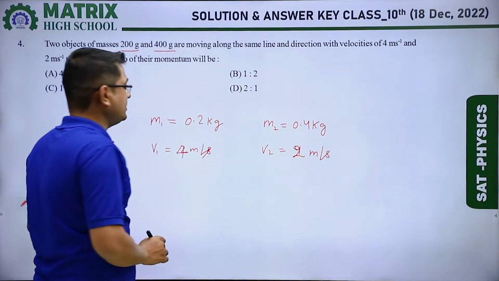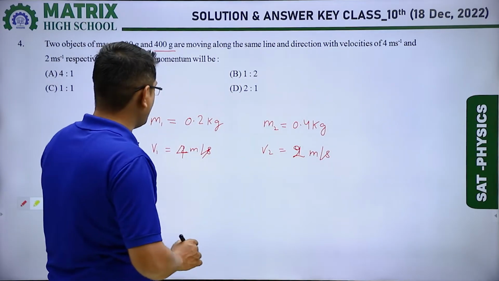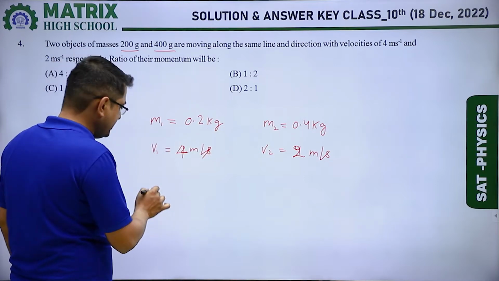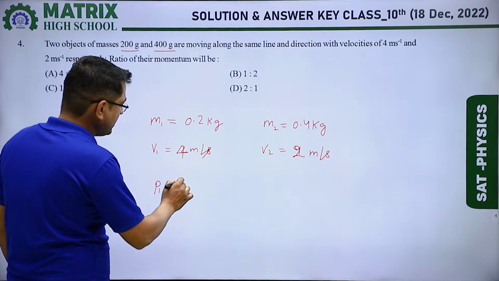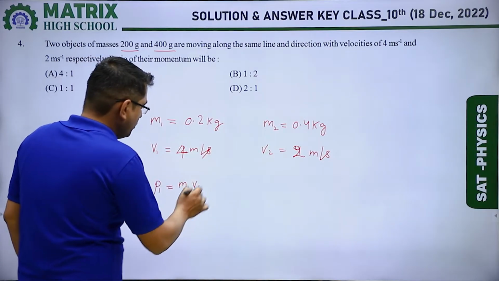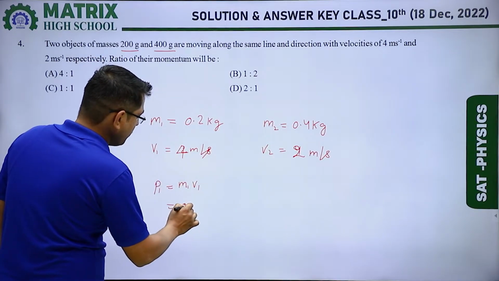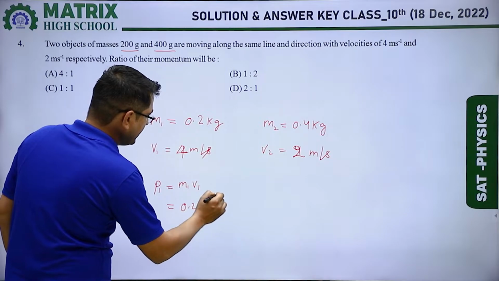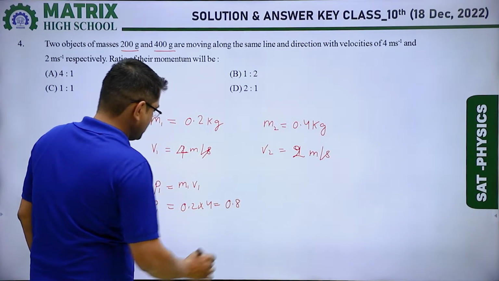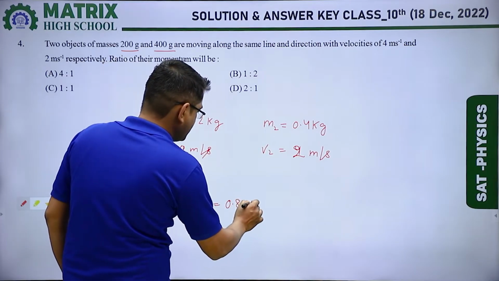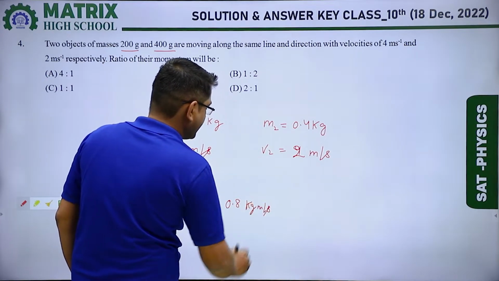We have to calculate the ratio of their momentum. First of all, we will calculate the momentum for both bodies. For the first body, the momentum P1 is M1 into V1, which equals 0.2 multiplied by 4, so P1 is 0.8 kg meter per second.